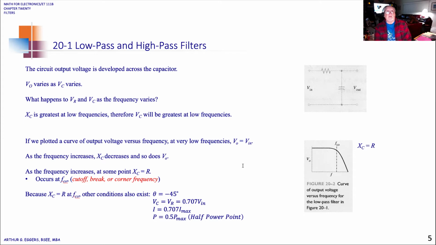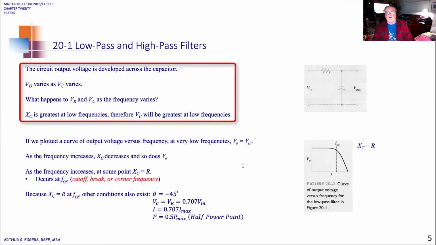So in low pass and high pass filters, we're going to look at how the capacitor, in this case, starts to adjust or react to a frequency. So the circuit output voltage, in this schematic that we see here, is developed across the capacitor. And we've seen how capacitors are frequency dependent.